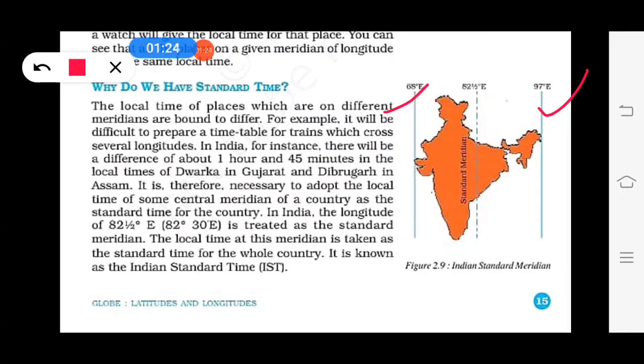It is therefore necessary to adopt the local time of some central meridian of a country as a standard time for that particular country.